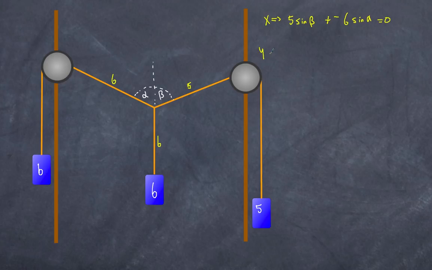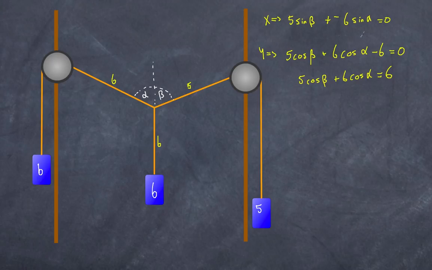Now let's have a look at the y components. I have 5 cosine beta plus 6 cosine alpha minus 6, it's a vertical, is equal to 0. I could write this as 5 cosine beta plus 6 cosine alpha equals 6.